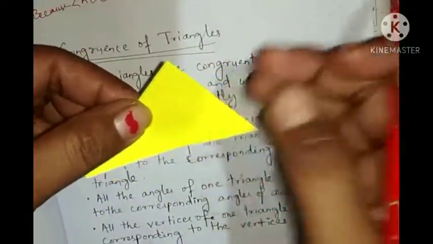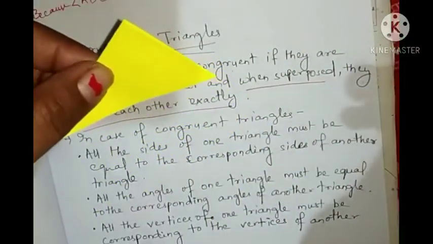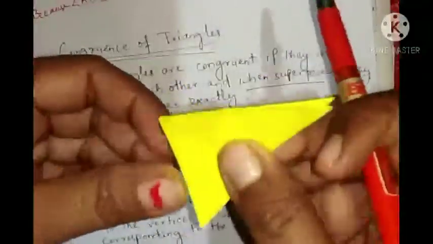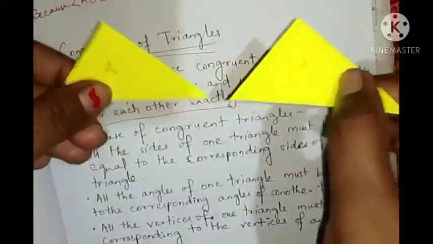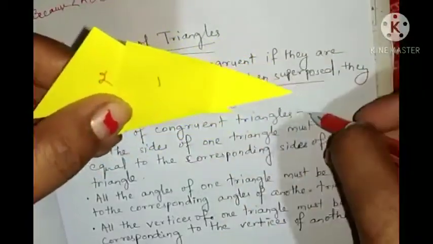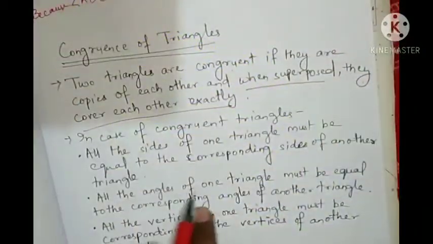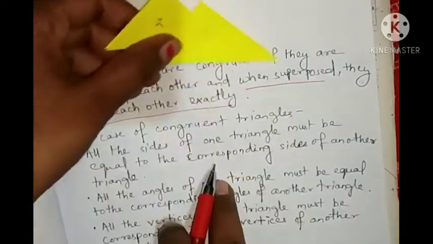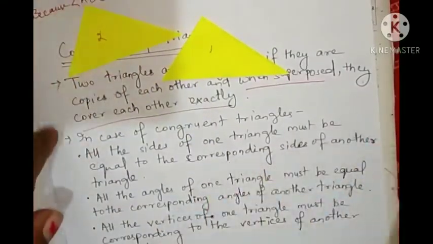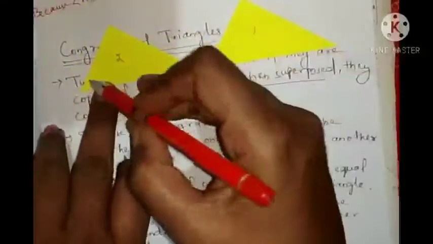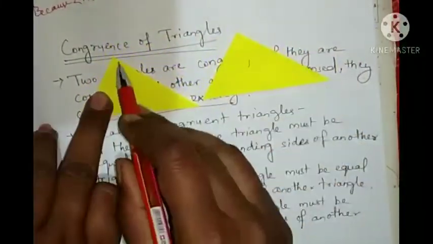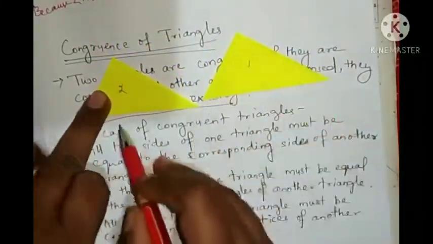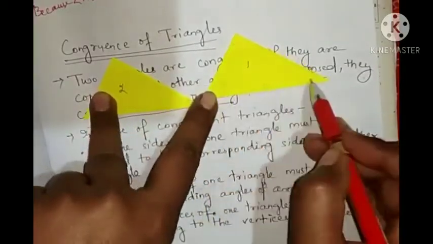So you can say that these two triangles are congruent. In the case of congruent triangles, all the sides of one triangle must be equal to the corresponding sides of the other triangle. Means this side is equal to this side, and this side is equal to this side, and this side is equal to this side.